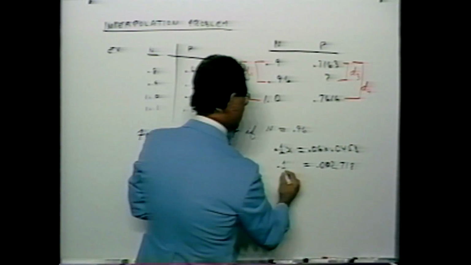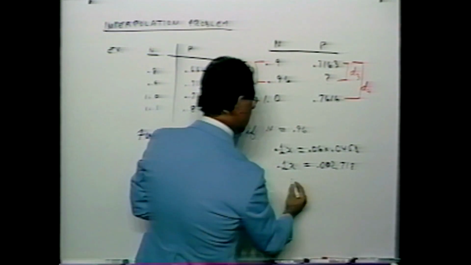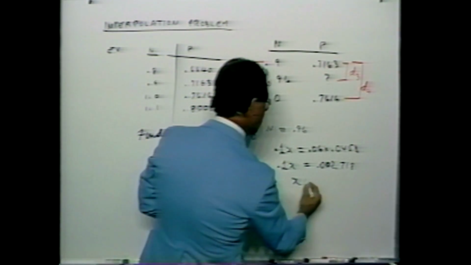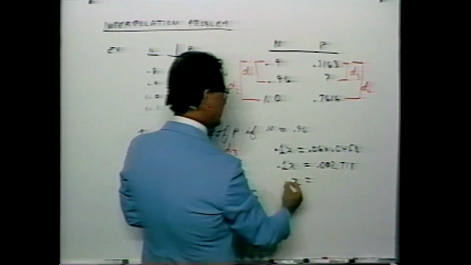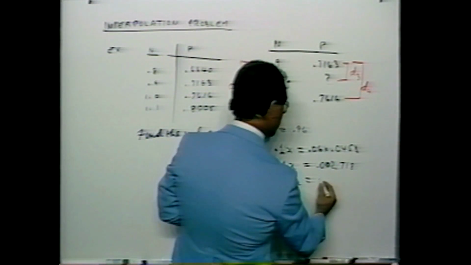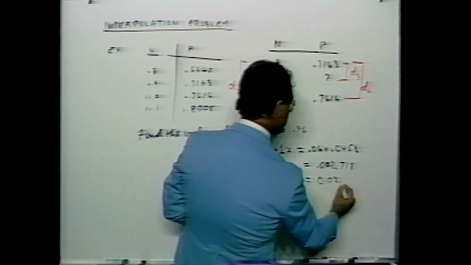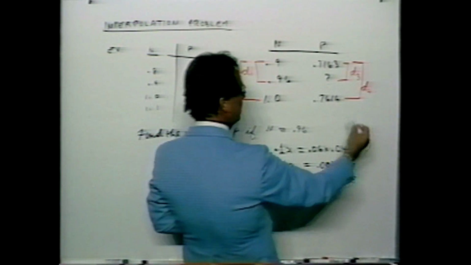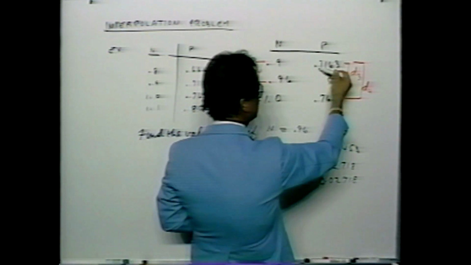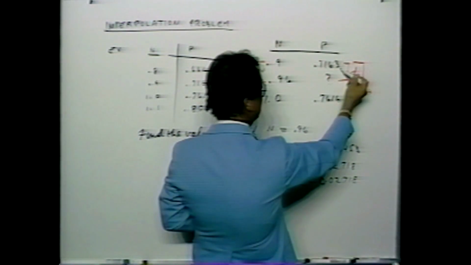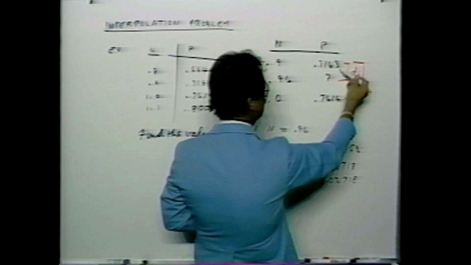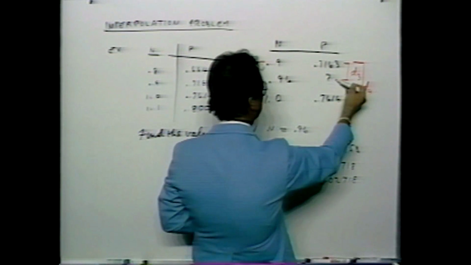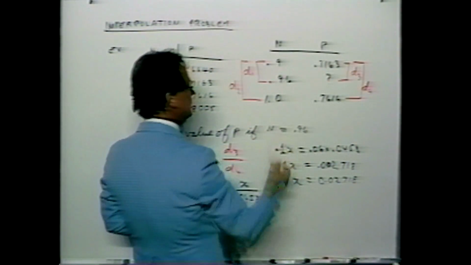So 0.1x is equal to that amount. And then x is equal to this divided by 0.1, and that'll become 0.02718.